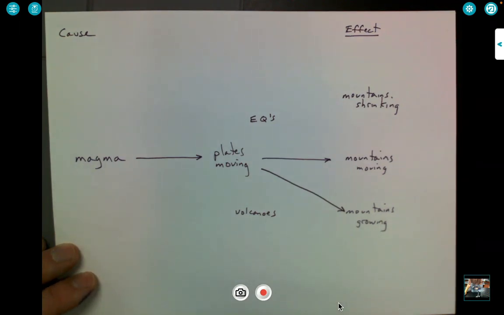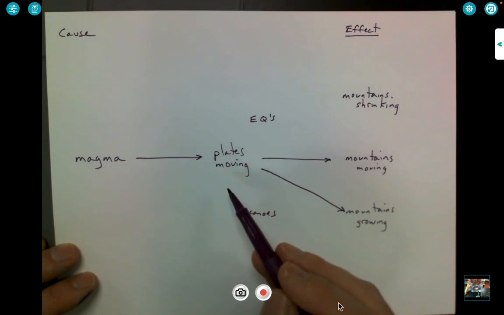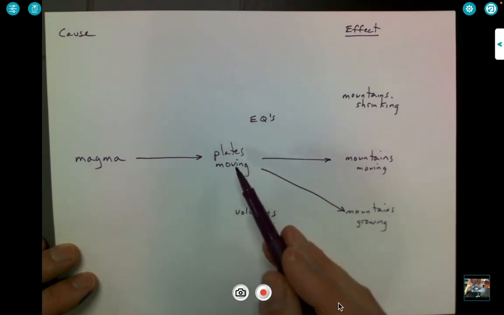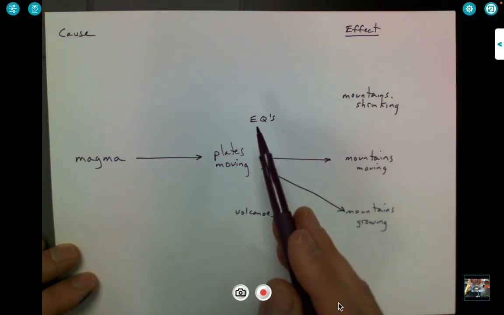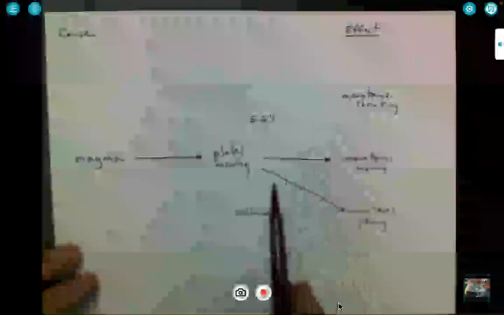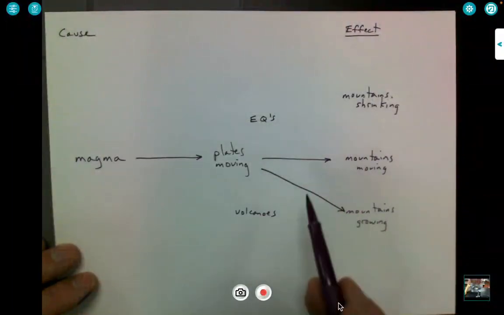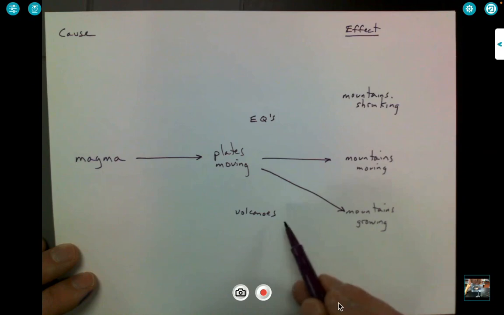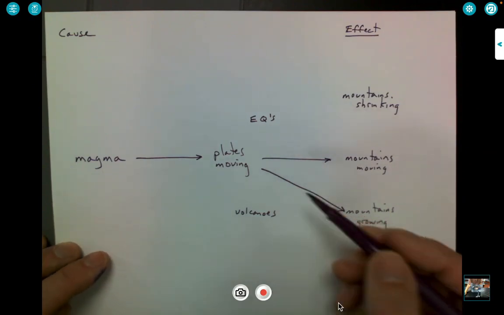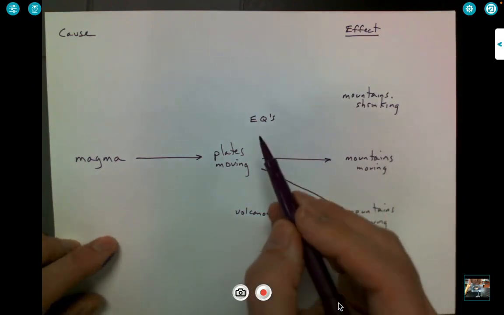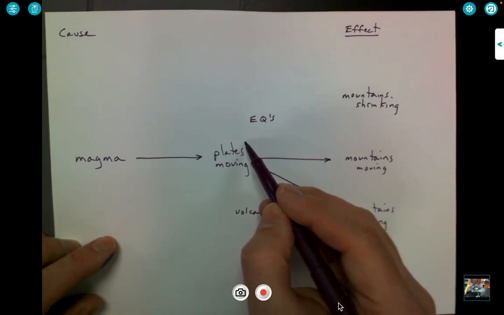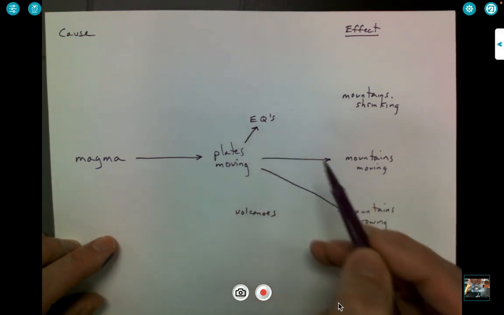And we're trying to figure out, are these things causes? Do plates cause earthquakes, and do plates cause volcanoes? And then do earthquakes cause mountains to shrink and volcanoes to do all these things? So we took an in-depth look at this, and we said, well, plates cause earthquakes, because that's the plate boundaries.